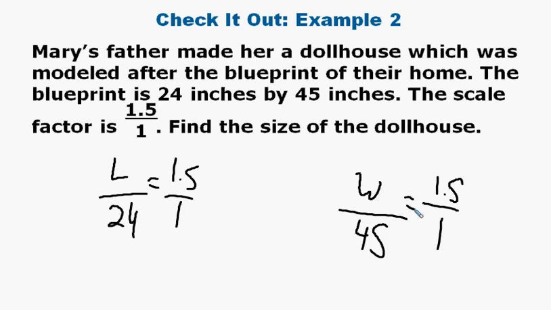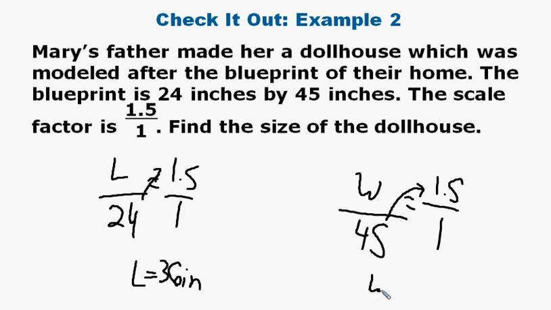All right, once again, you cross multiply. 24 times 1.5. And in this case, we're going to do 45 times 1.5. So that's 1.5, so we'll have L equals 36 inches.